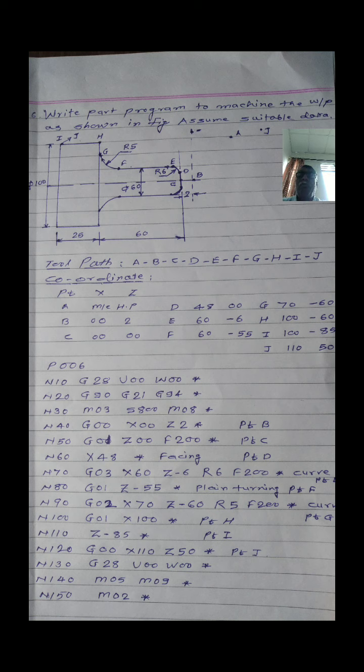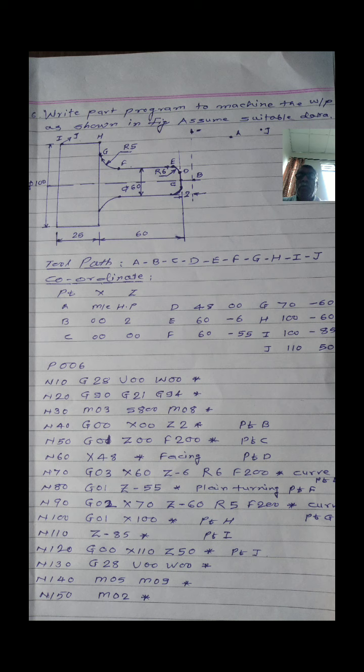When the tool moves from point F to G, there is a radius turning, and the tool movement is along the clockwise direction, and it has radius 5. So as the tool moves in the clockwise direction, here you have to use the code G02, circular interpolation in clockwise direction.